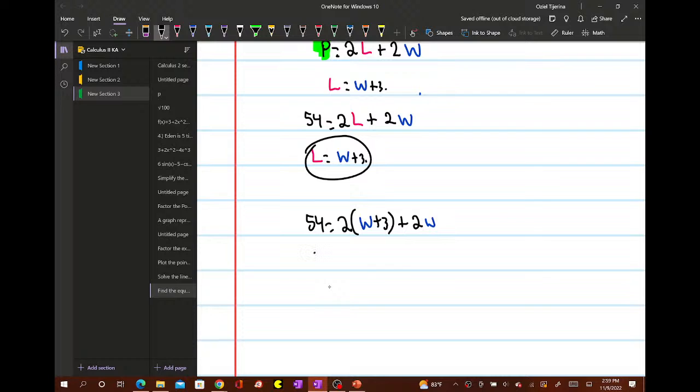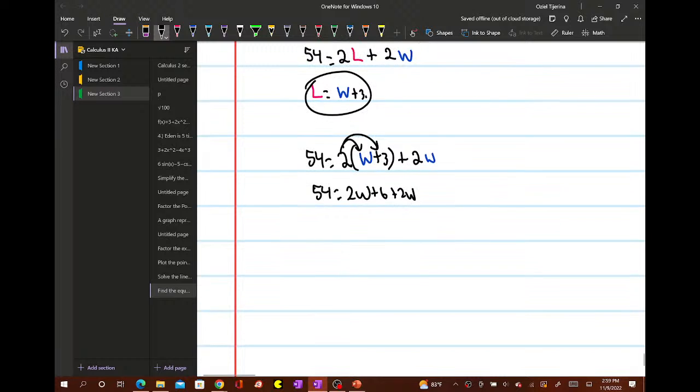Then with the distributive property, we have 2W plus 6 plus 2W, so 54 is equal to 4W plus 6, combining like terms.